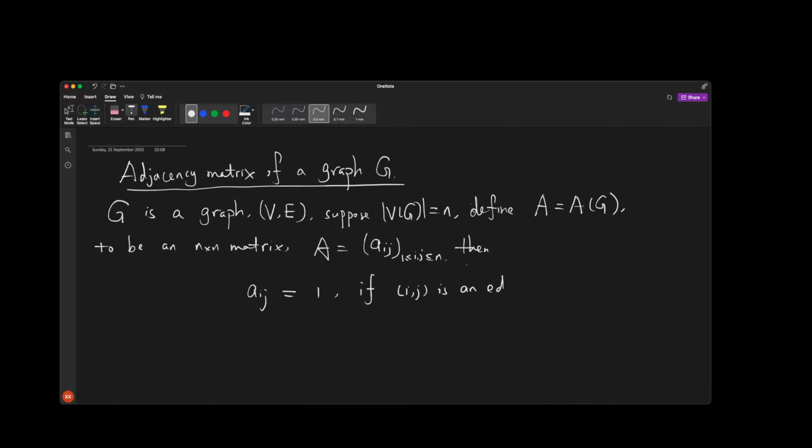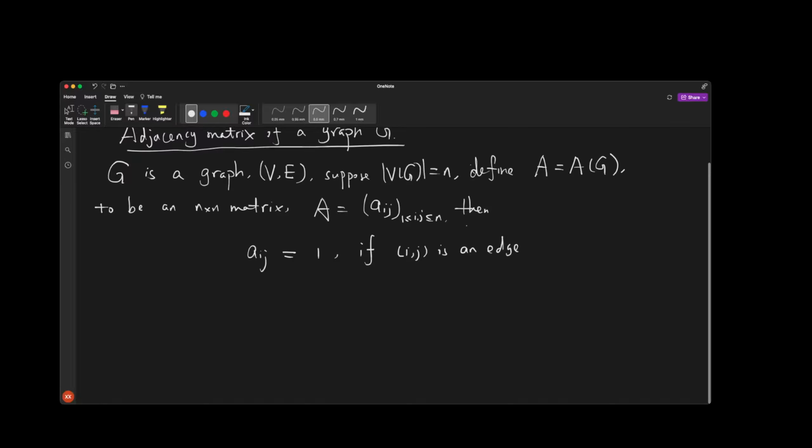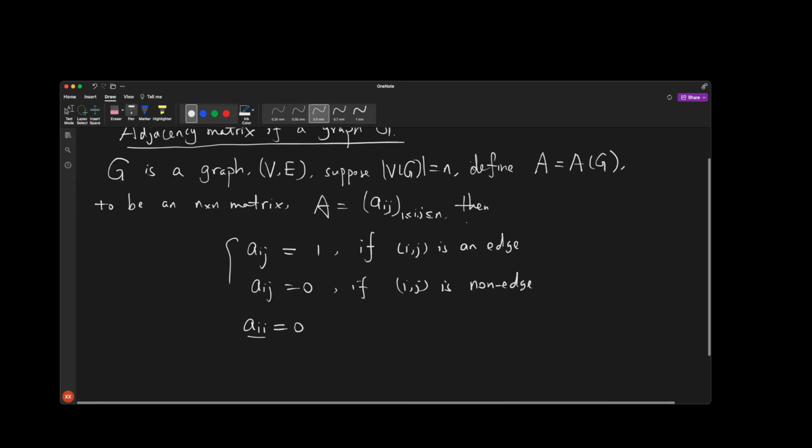Okay, so this matrix is a 0, 1 matrix. It only has coefficients 0 or 1. And A_ij is 0 if ij is not an edge. So here, look, A_ii clearly is not an edge. So this is always 0. Okay?